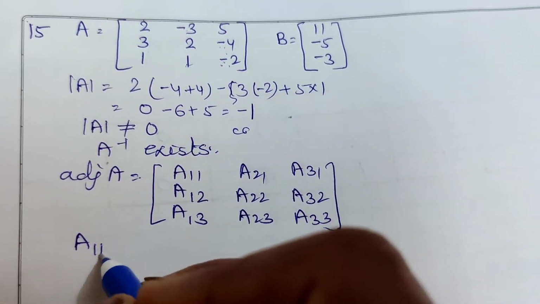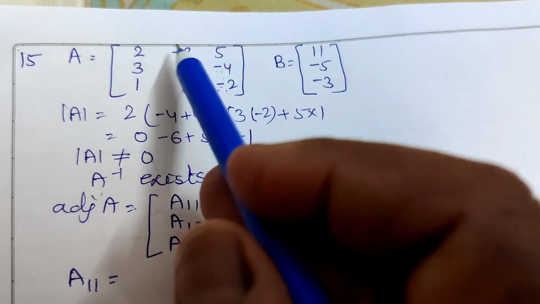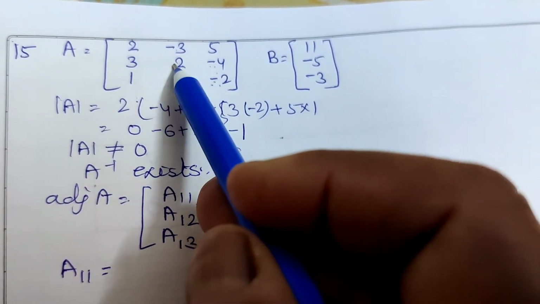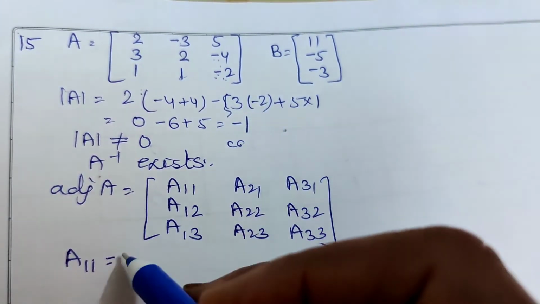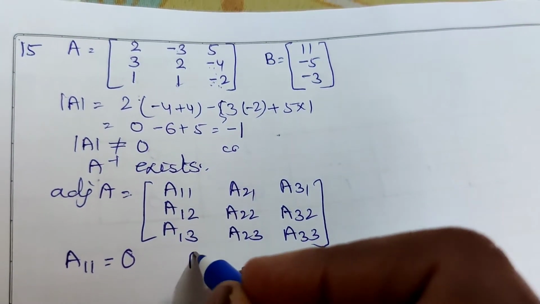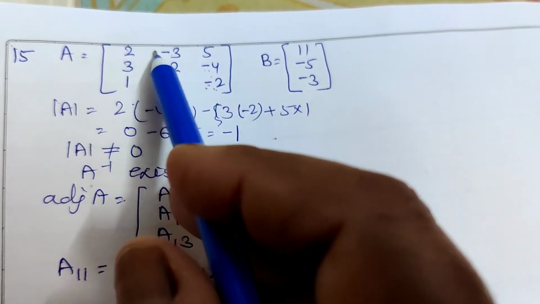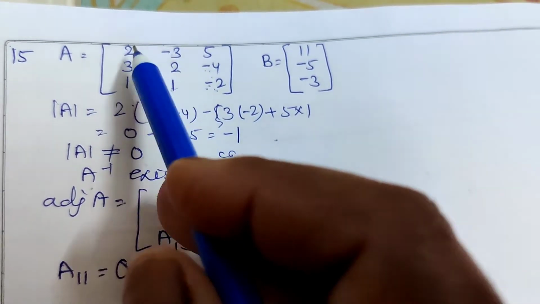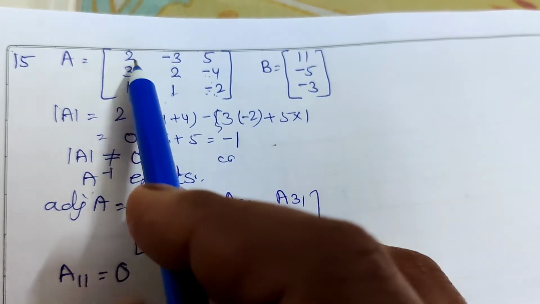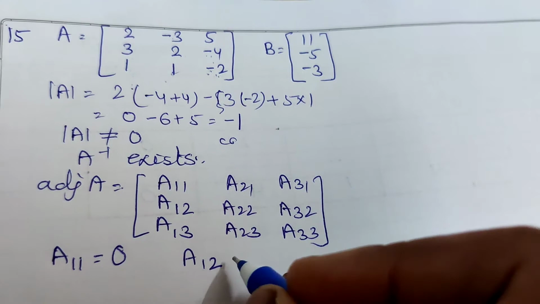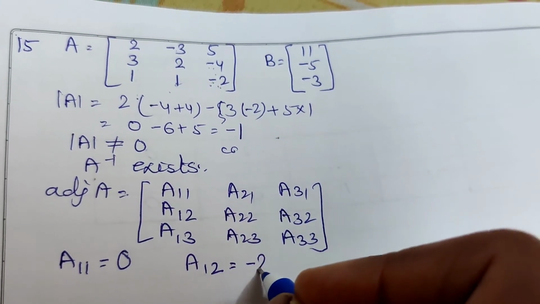How will you find A11? All of you know: eliminate the first row and first column and find the value of this determinant. It is equal to 0. Now A12. A12 means first row and second column. Eliminate first row, second column. Find the value of this determinant. Minus 6 plus 4, it is minus 2.